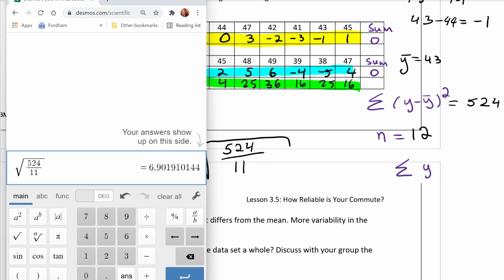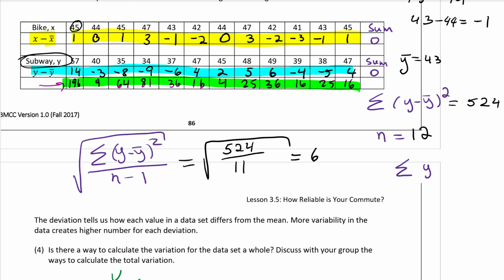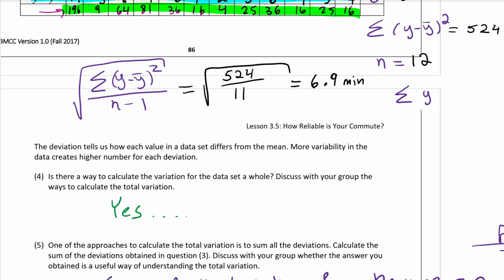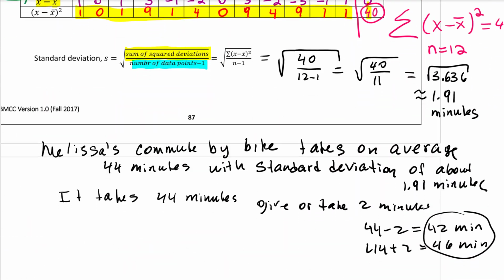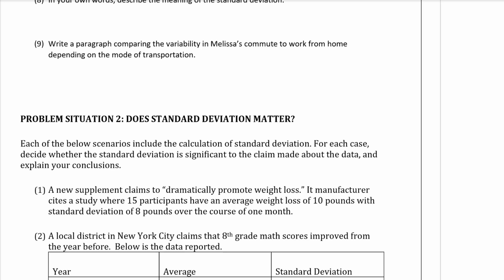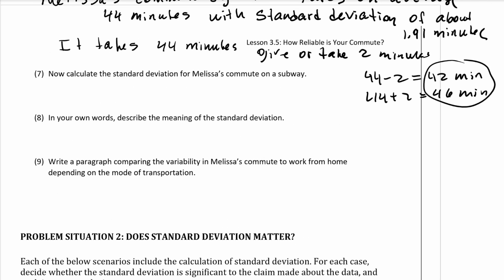So it's 6.9 minutes. All right. So that is 6.9 minutes. Let's put it where it belongs, the answer. So I think it was question number 7, right? So for question number 7, we got the answer of square root of 524 divided by 11, which is 6.9.